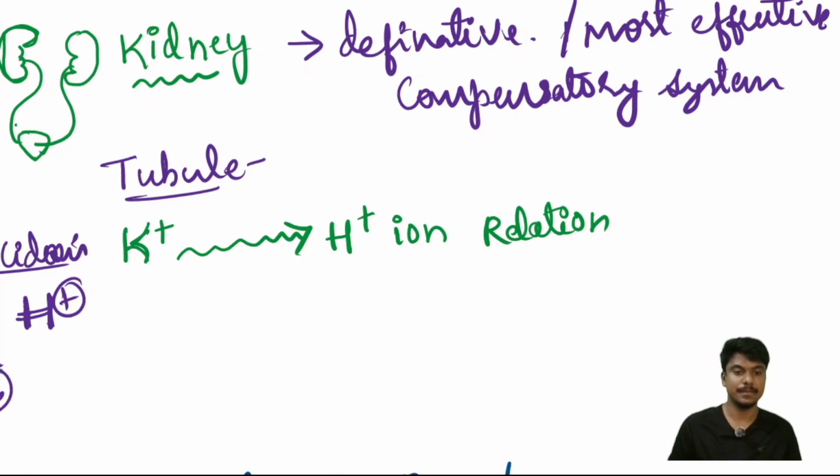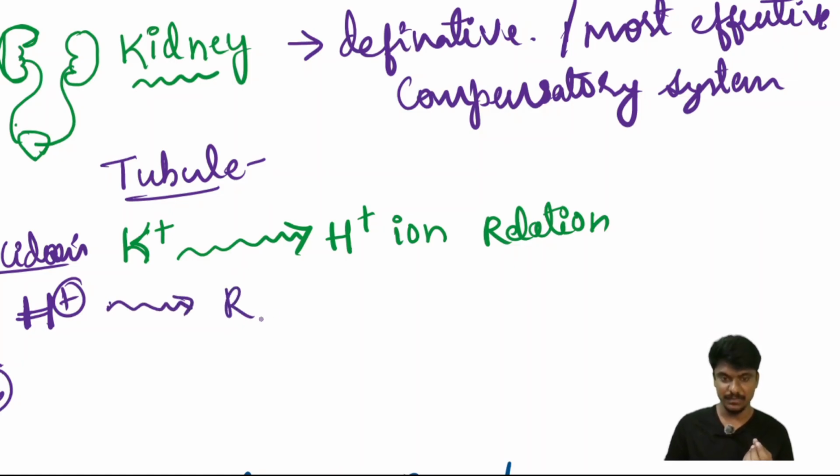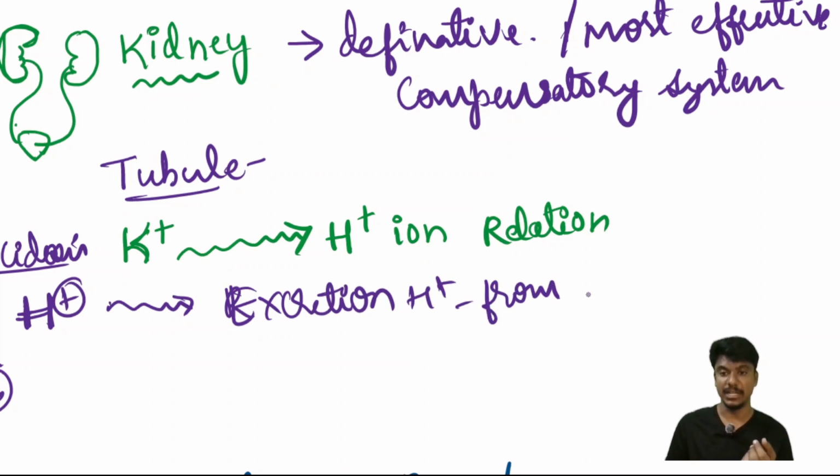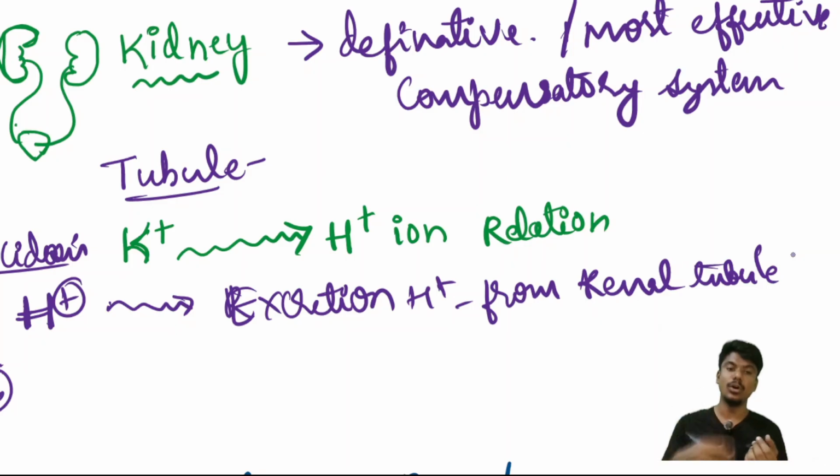So the kidney, from the tubules, starts to release the H plus ion. There will be more excretion of H plus ion from the renal tubule. By this mechanism our body is losing more H plus ion, which means there will be a correction of acidosis.